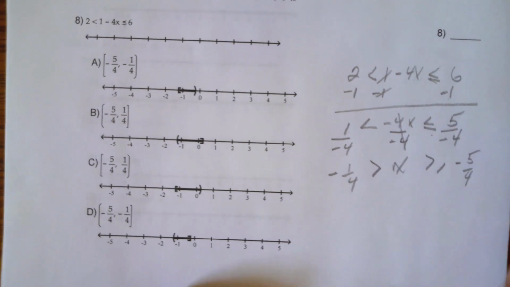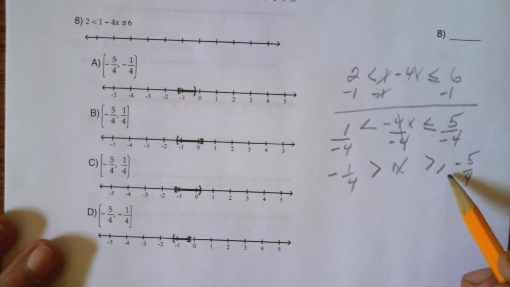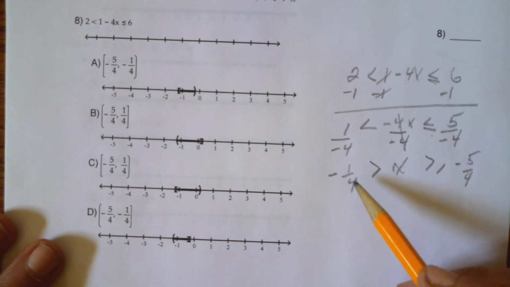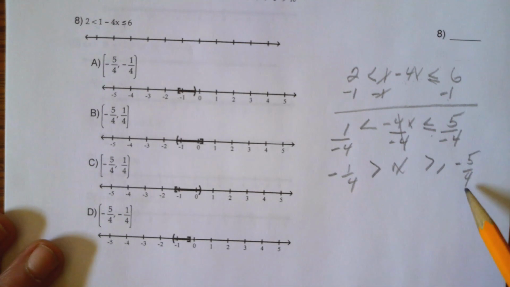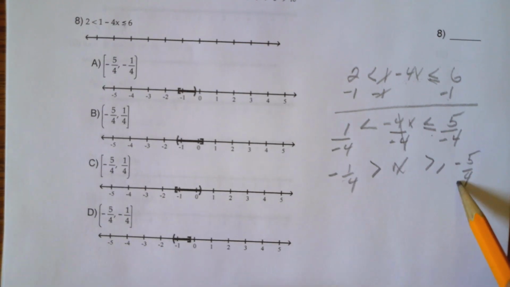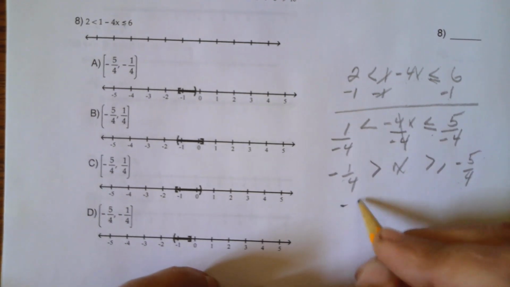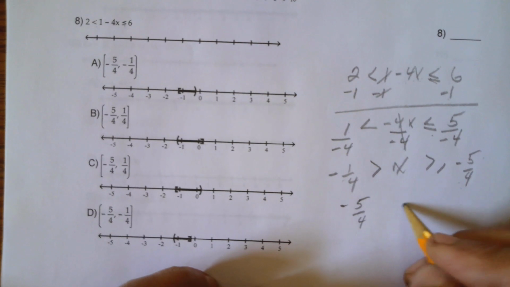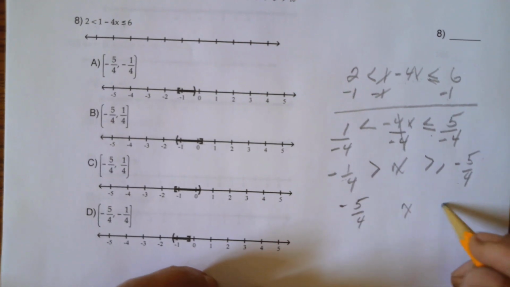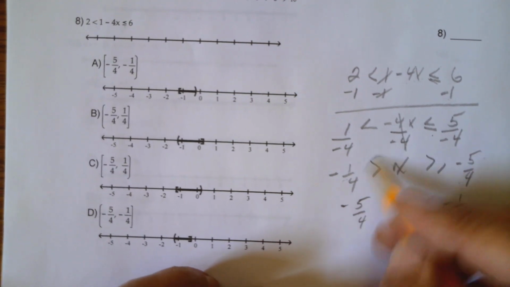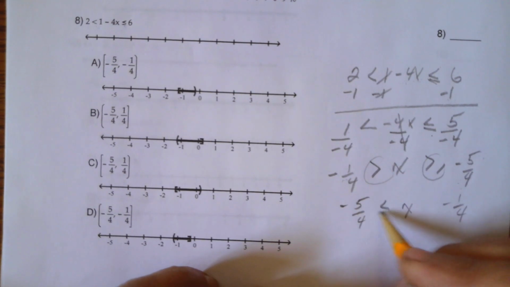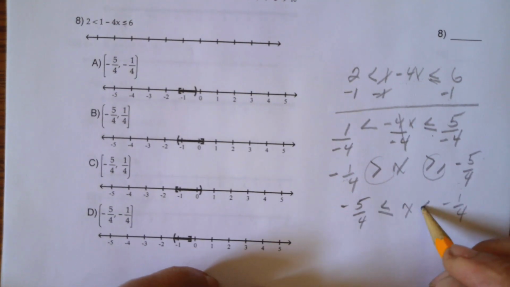Now, this is kind of going in a crazy order, all right? You've got the bigger number to the left and the smaller number to the right. Negative 1/4 is bigger than negative 5/4. So I'm going to just flip this. The negative 5/4 goes to the left. There's your x. The negative 1/4 ends up on the right. And these guys reverse themselves.